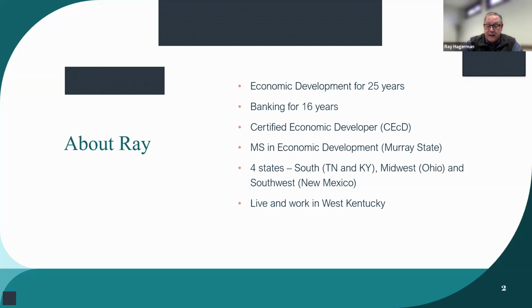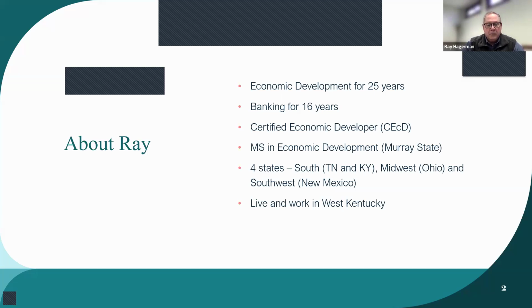I've worked in the economic development field in 4 different states and 3 parts of the country. I've been in Tennessee and Kentucky. I was in Ohio for 12 years doing this work, and in the northwest corner of New Mexico, what we call the Four Corners, where New Mexico, Colorado, Arizona, and Utah come together.